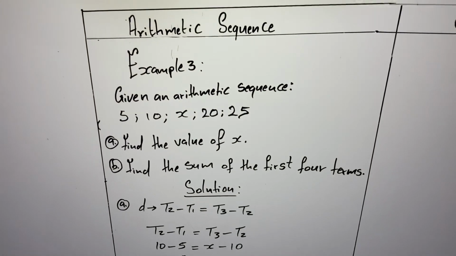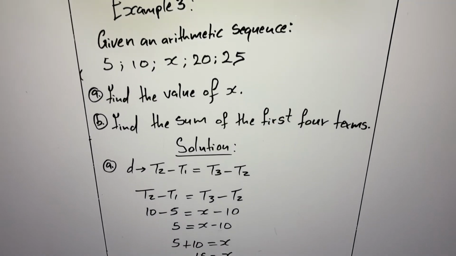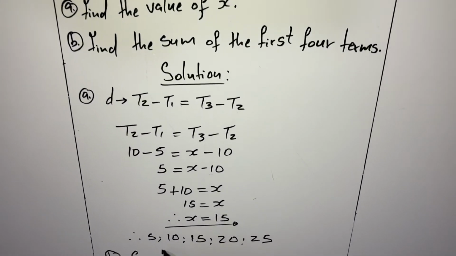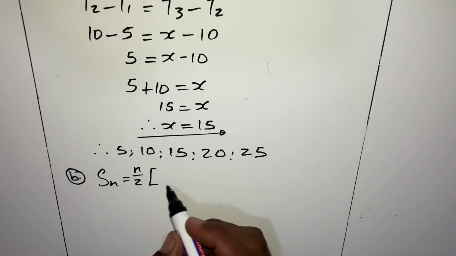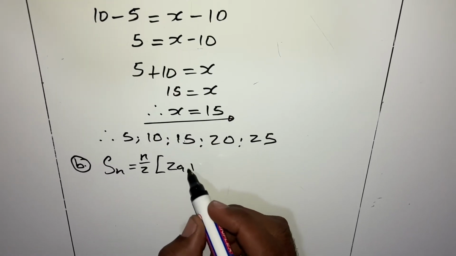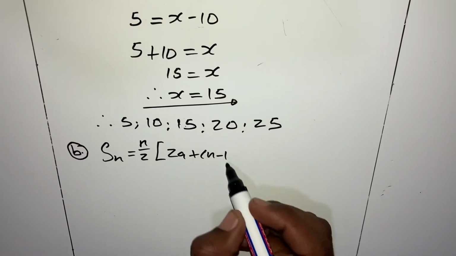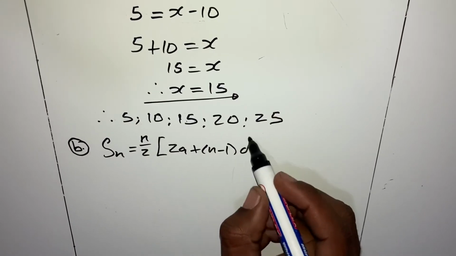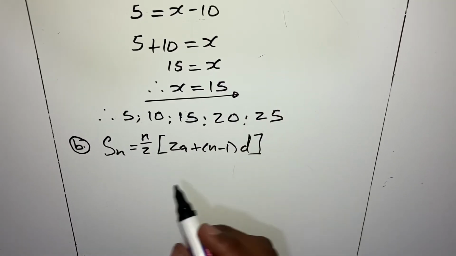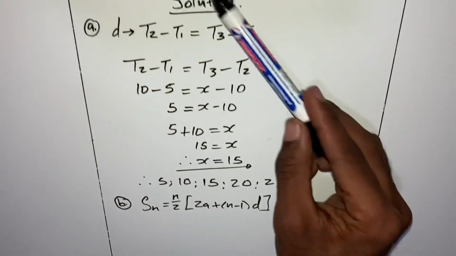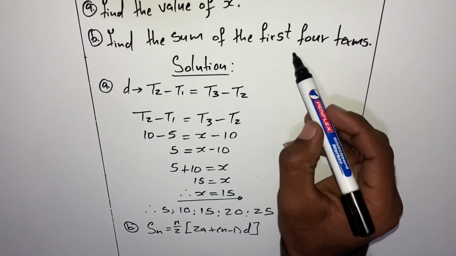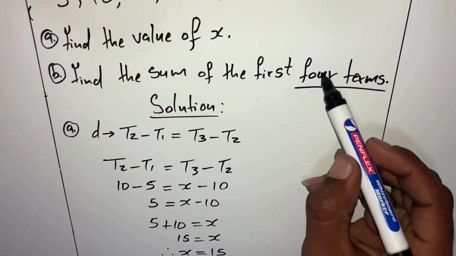We write down the sum formula for an arithmetic sequence: n over 2 times 2a plus n minus 1 d. Then go back to the question: find the sum of the first 4 terms.